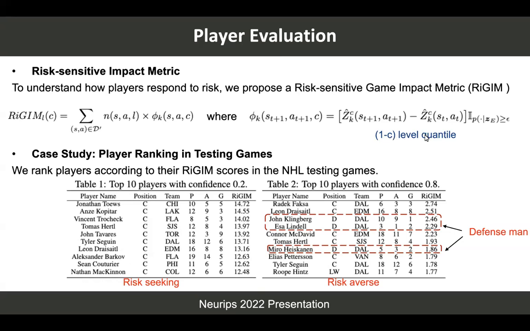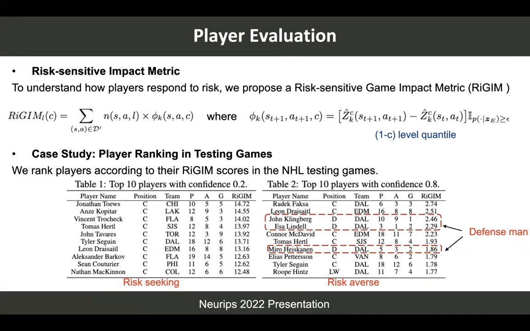It's a higher level quantile, so this table should be more risk-seeking because we use a higher action value. In the second table we set the confidence level to 0.8, which corresponds to a lower level quantile value, so this player ranking should be more risk-averse.